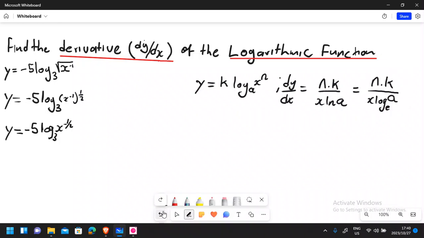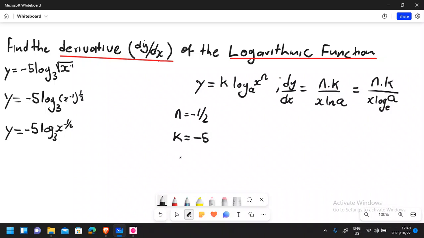All right, let's continue. Now all we have to do is change this to that, but we need to know what the unknowns are. Let's start with n. Remember, n is the exponent on our left-hand function, so it's -1/2. What about k? k is -5.